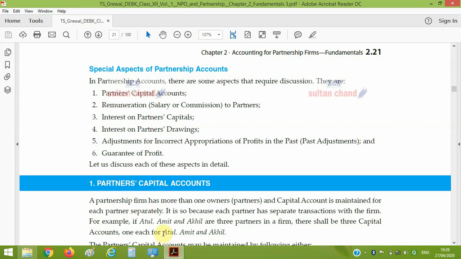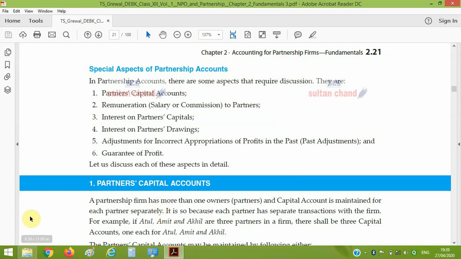For example, while we are preparing final accounts of a partnership firm, we have to prepare some more accounts.